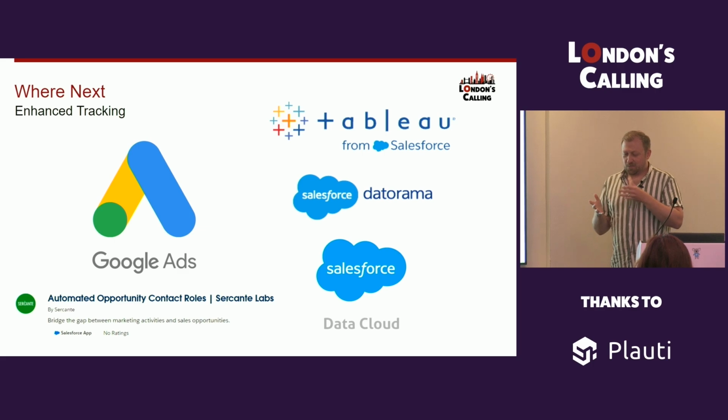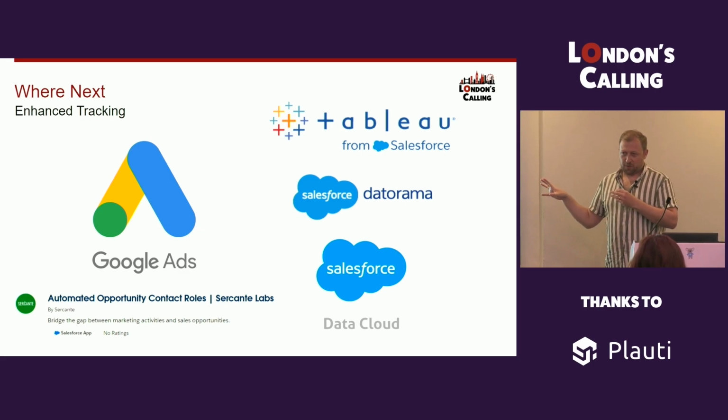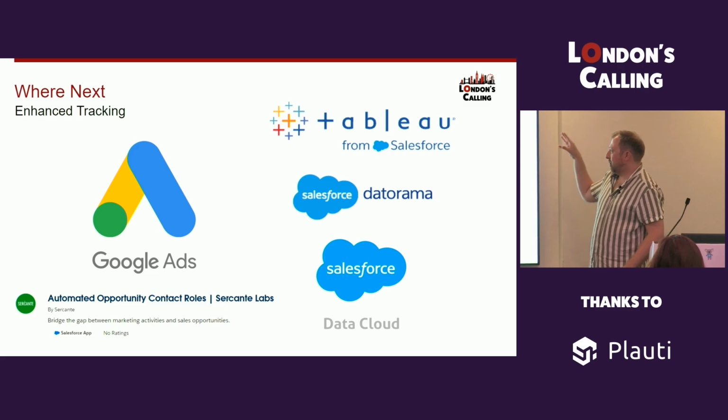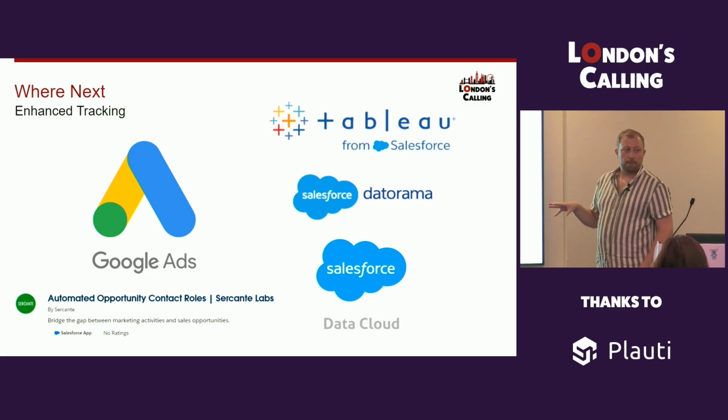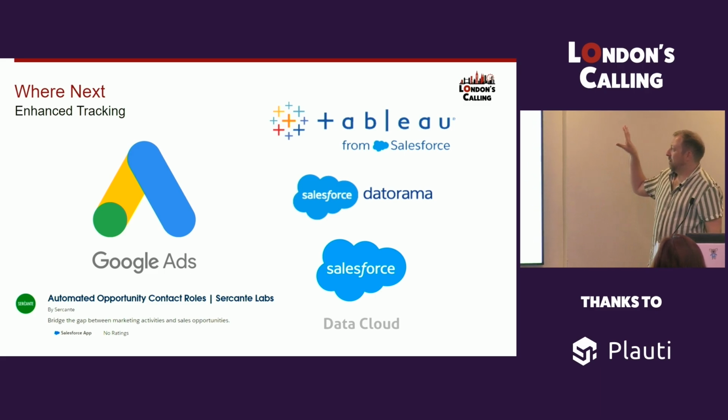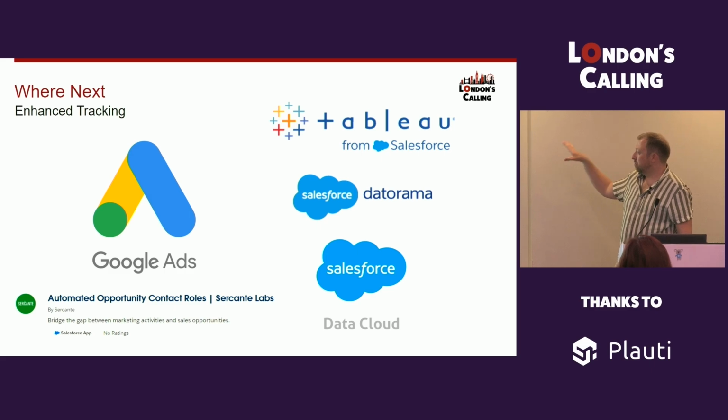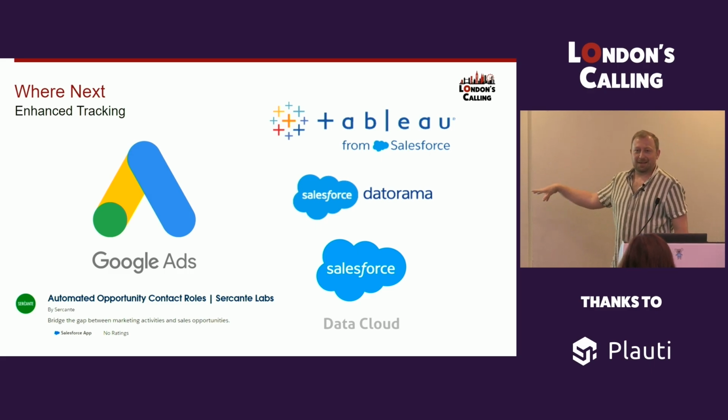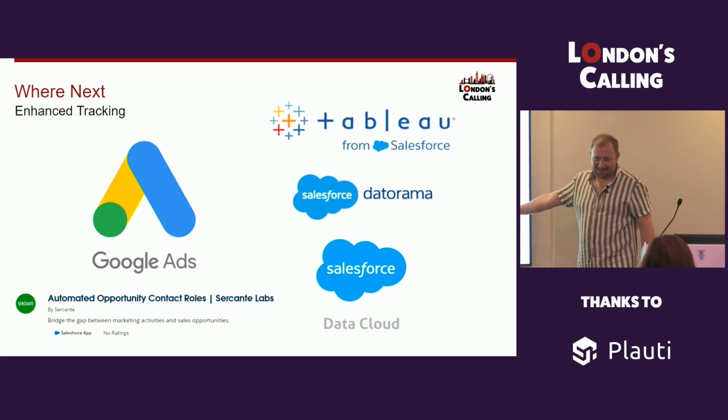Where next with this? You've seen some very high level Salesforce reports there and what we've got there. Where this can go is we can get this into Tableau, Datorama, and everyone's favorite word at the moment, Data Cloud.